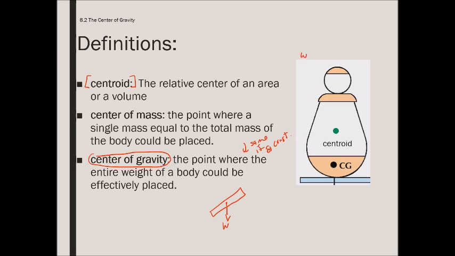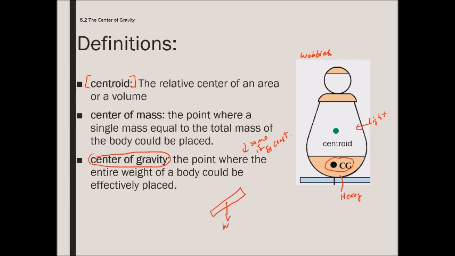Here's a weeble, and weebles wobble, but they don't fall down. The reason is that these are not homogeneous. The center of gravity is way down at the bottom because this is a really heavy material, whereas this is light plastic. So the center of mass is really far down, so it's really hard to knock one of these little weebles over, because there's always a restoring torque that makes the thing stand back up again.